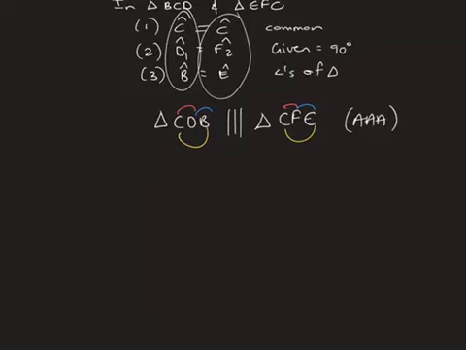And now they want us to prove CE. So let's find CE is yellow over CF. CF is red. Must be equal to CB. CB, yes, is yellow in the other triangle. Over CD. CD is red.